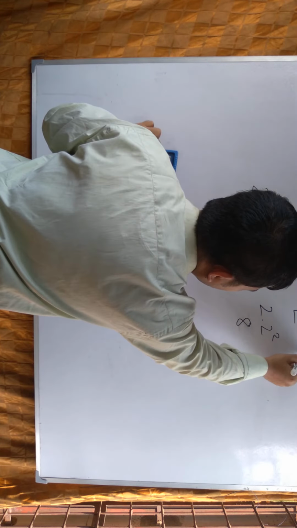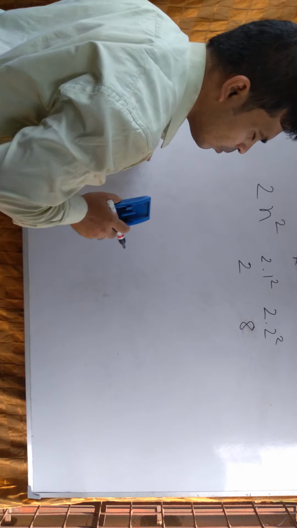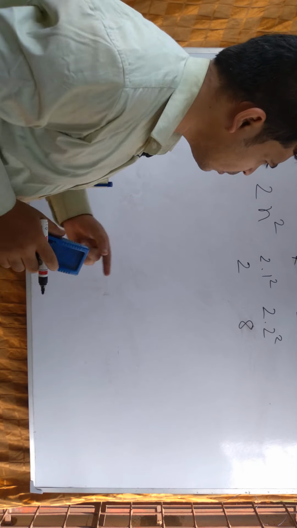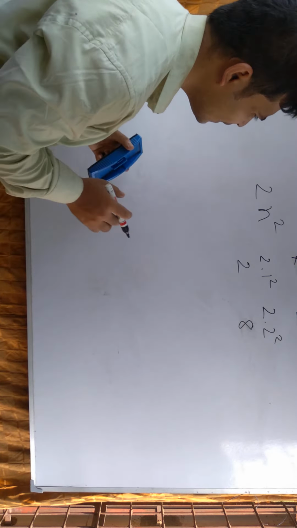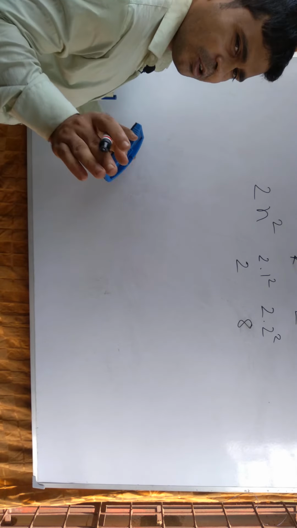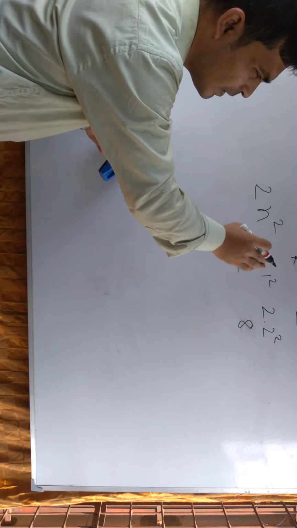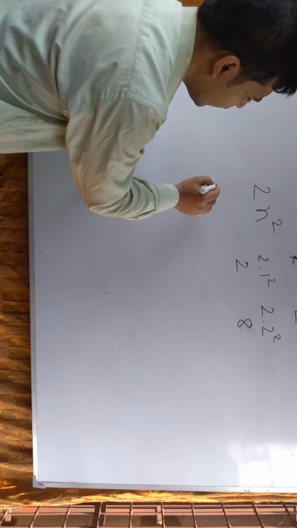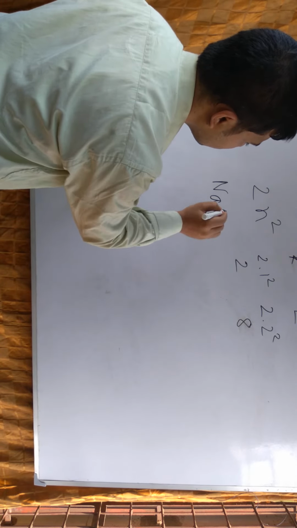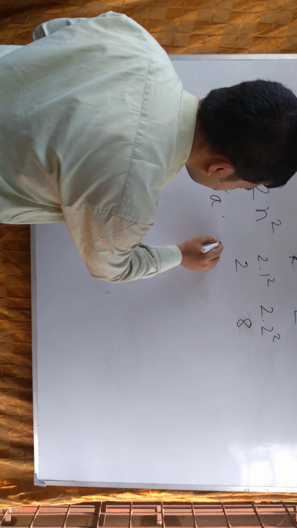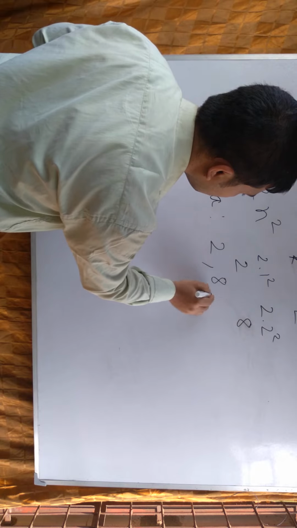Similarly we can calculate the M shell. By following this formula, we get the maximum number of electrons that can be accommodated in the K shell, L shell and M shell, and we can write the electronic configuration of any element. Suppose for sodium, atomic number 11, we write the electronic configuration as 2, 8, 1.